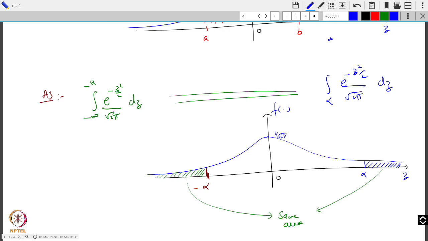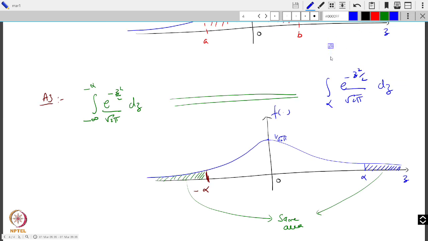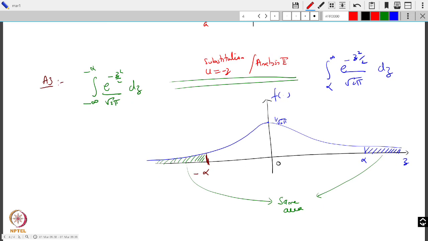You can do a substitution, let's say u equal to minus z, to get this, and this you'll learn as well in analysis 2. So that's one observation here. The area on the left hand side is the same as the area on the right hand side. It's quite cool. So that's observation 1.